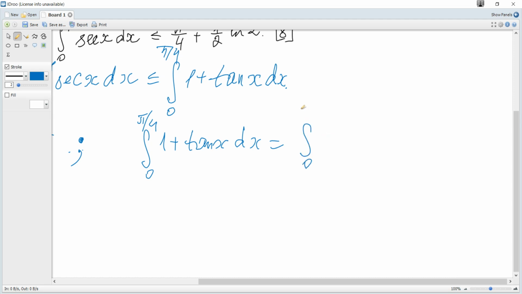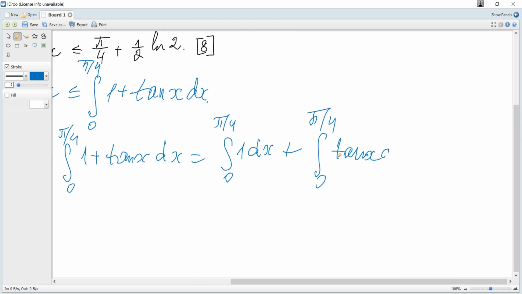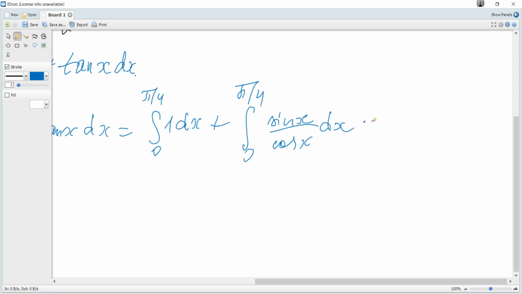So it's the integral from 0 to pi over 4 of 1 dx plus the integral from 0 to pi over 4 of tangent of x dx. And how to integrate tangent? We should consider it as sine over cosine dx. It's pi over 4 plus the integral.